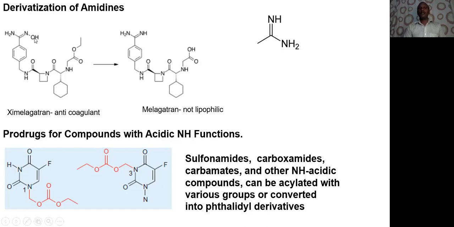If you have a hydroxyl group, what pro moiety do you have to add? If you have a carboxyl group, what pro moiety do you have to add? If you have an amine functional group, what pro moiety do you have to add? If you have an amidine, what pro moiety? And if you have an NH which is acidic, that means it can liberate hydrogen, then what pro moieties do you have to add?